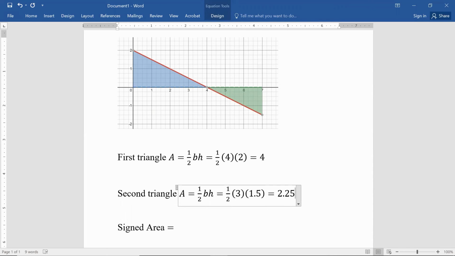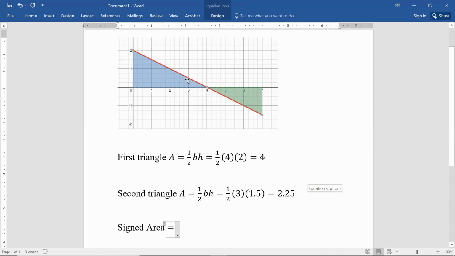I want to be consistent with the previous problems, and in all the previous problems, I looked at these two triangles separately, and I would look at positive areas. When I throw that into the signed area, then I took into account the ability to have a negative value.